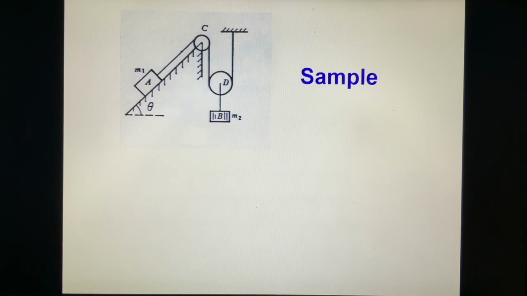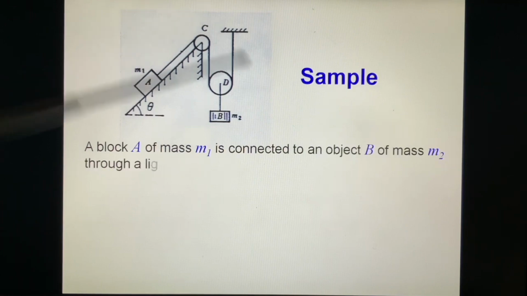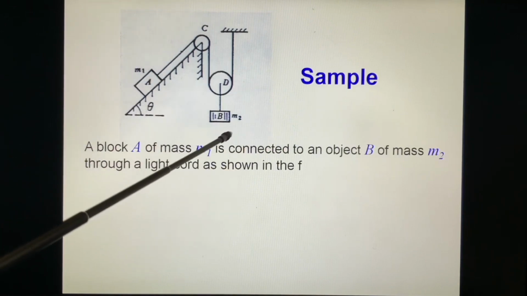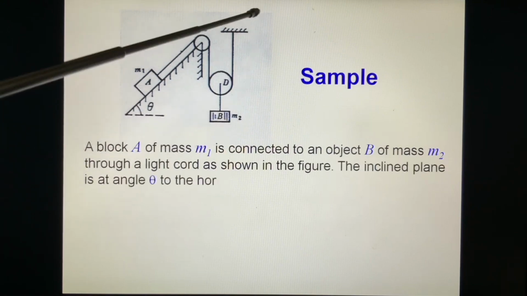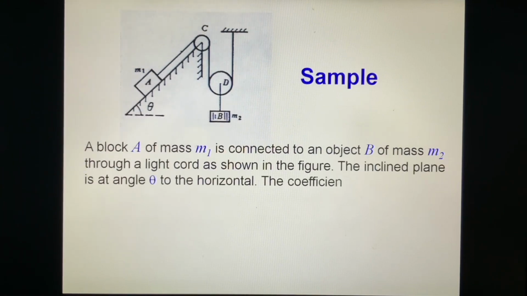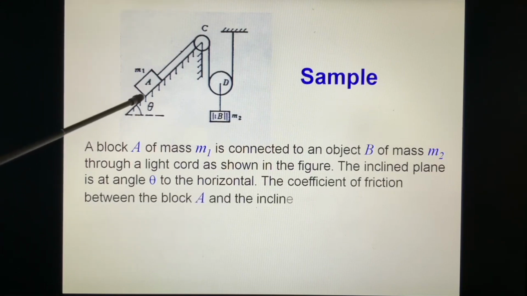Sample. A block A of mass M1 is connected to an object B of mass M2 through a light cord as shown in the figure. The inclined plane is at angle theta to the horizontal.